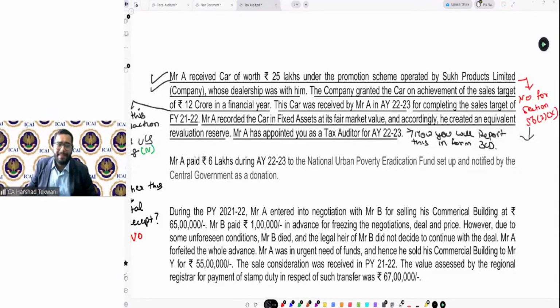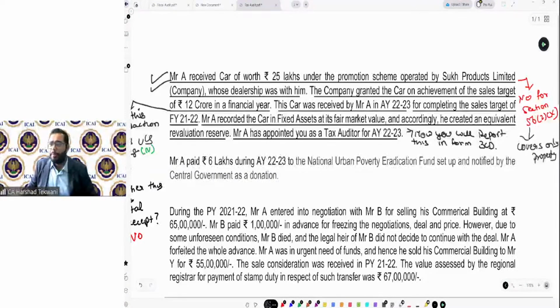So a car is not part of the property; a car does not fall under the category of property. 56(2)(x) covers only property. Hence, this will not fall under 56(2)(x), and accordingly it will not be reported over there.